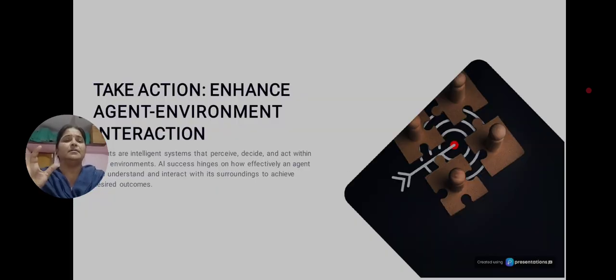So this is a very useful topic in artificial intelligence, and it is very essential for everyone to know about agents and environments, and also the relationship between them. Agents are intelligent systems that perceive, decide and act, and environments are the surrounding conditions or situations in which the agents operate. Thank you.